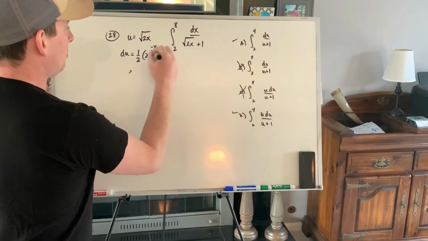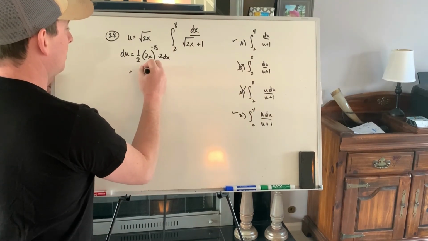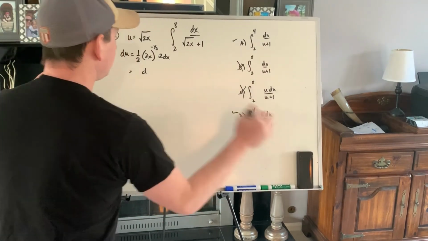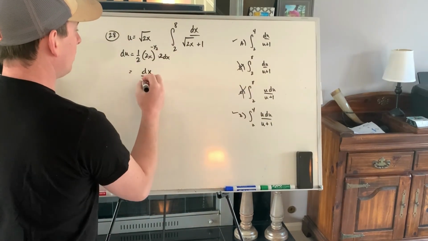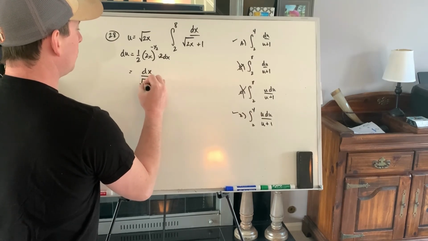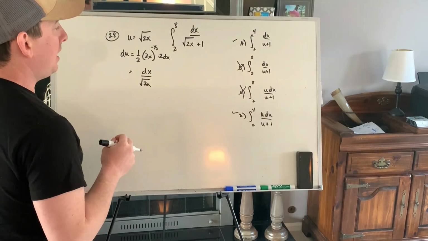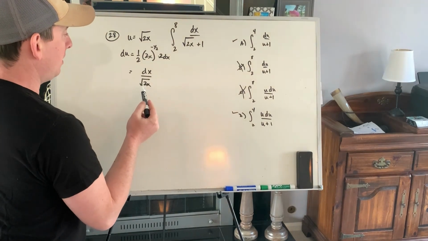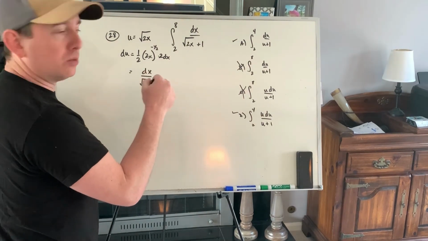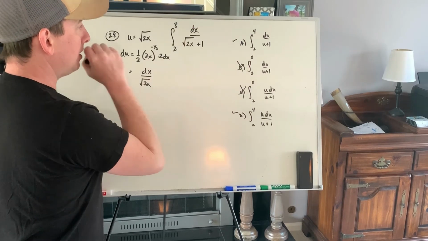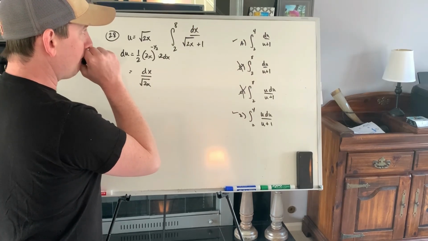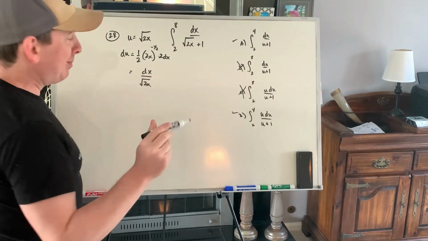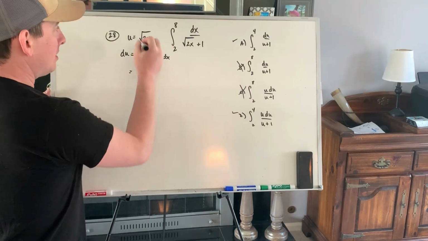If I just clean that up, I have dx over root 2x. And this is where it gets a little weird. I don't have an extra root 2x in here to get my du to work. But root 2x is u.